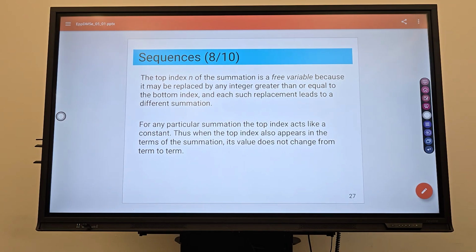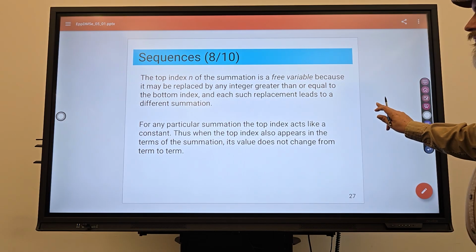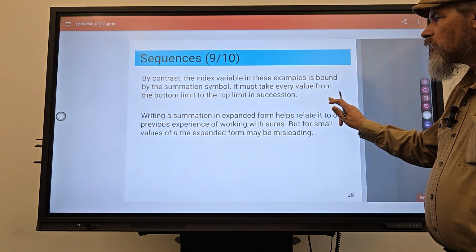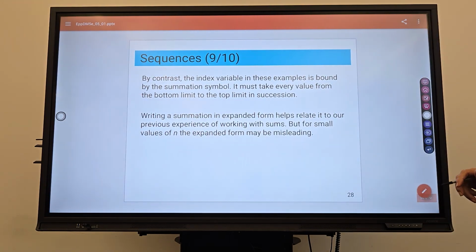For any particular summation the top index acts like a constant. Thus, when the top index also appears in the terms of the summation, its value does not change from term to term. By contrast, the index variable, the lower symbol in the summation, is bound by the summation symbol.